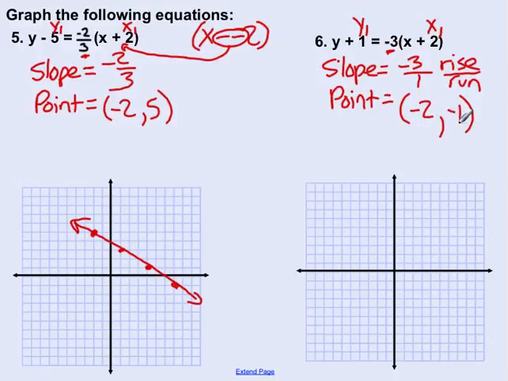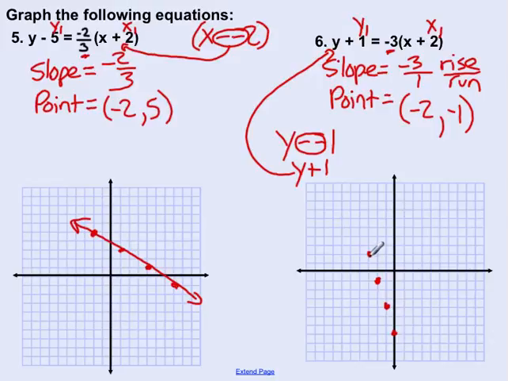If you think about plugging that back in, you'd have y minus a negative 1 on the left side of your equation, and that gives you the y plus 1 that you see up here. Go ahead and find that point, negative 2, negative 1. Slope is down 3 and to the right 1. Connect them, you got your line.